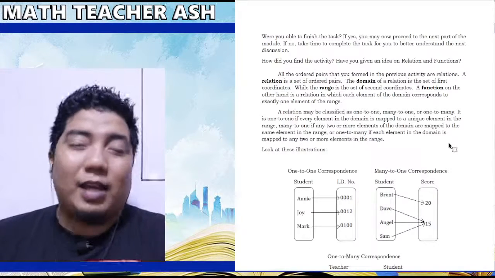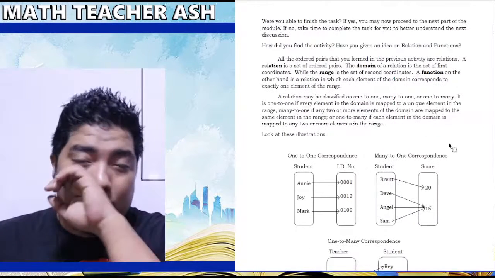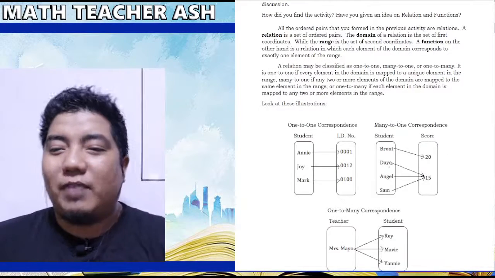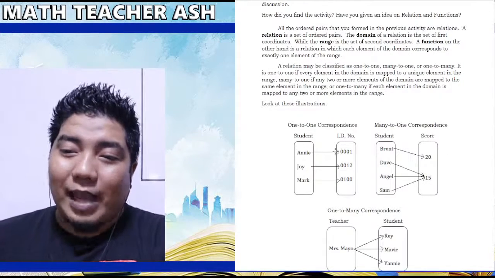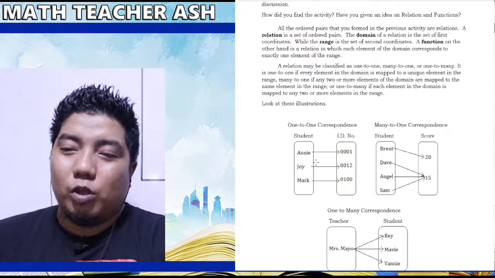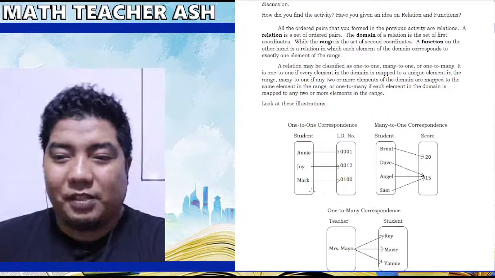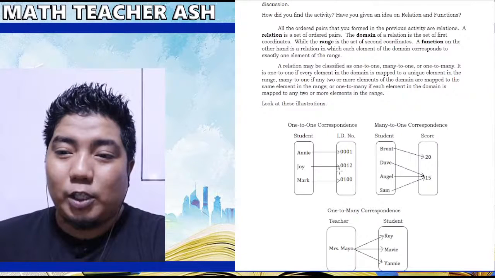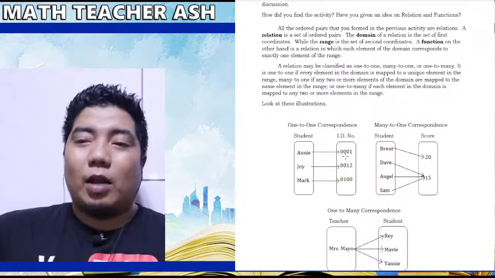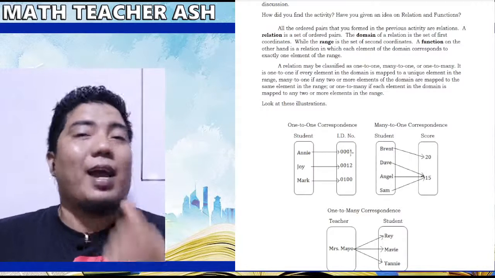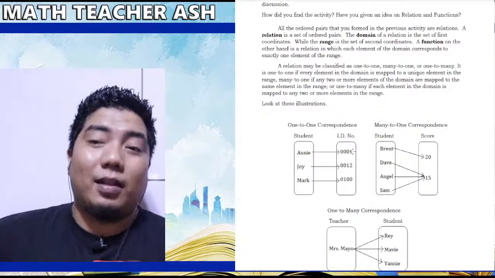Now, here are examples or illustration para masabi natin na ang isang relation ay function. Okay, we have here the student and the ID number of the student. So si Annie, ito ang ID number niya, 1. Si Joy, 12. Si Mark, 100. Now, as you can see, hindi pwede magkaroon ang isang estudyante ng dalawang ID number or hindi pwede magkaroon ng isang ID number na pinagmamay-arian ng dalawang students.